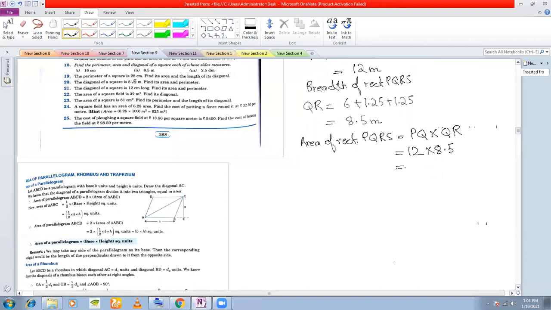So you multiply these two. 102. Yes, sir. How is it coming to 105? Should not come. 102. Okay. 102 meter square. This is the area of the rectangle PQRS.